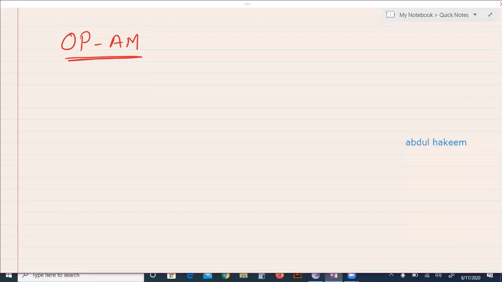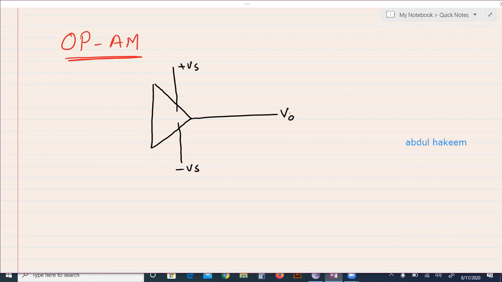Okay, so this operational amplifier, this is the symbol we have done. This is positive supply. This is negative supply. This is output voltage terminal.